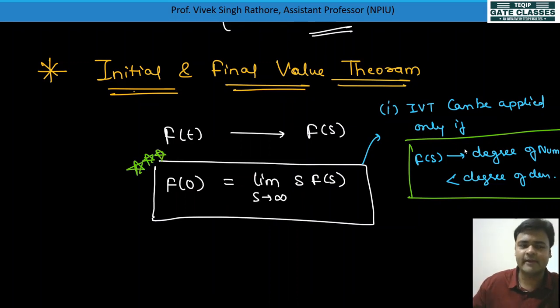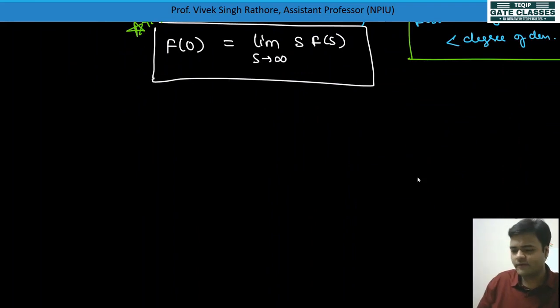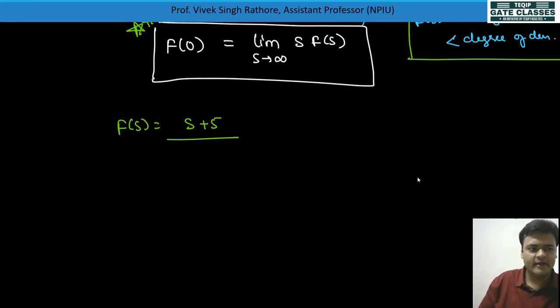Otherwise you cannot apply the initial value theorem for finding initial values. See, f of s is given, let's suppose s plus 5 by s square plus 3s plus 2.